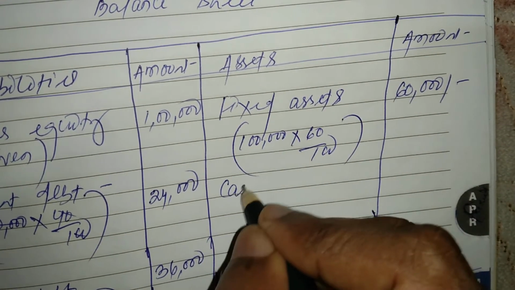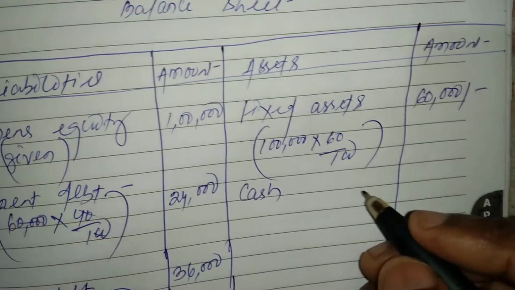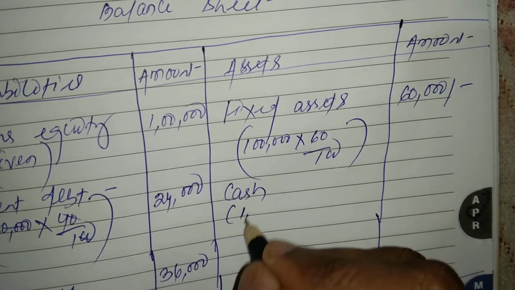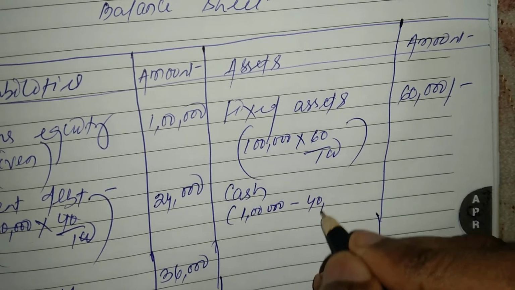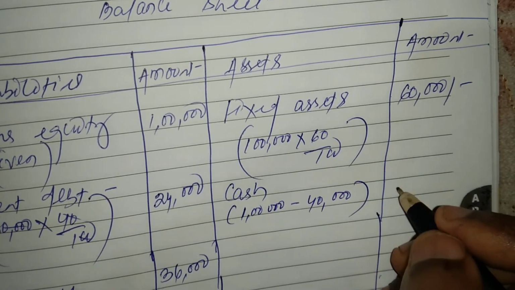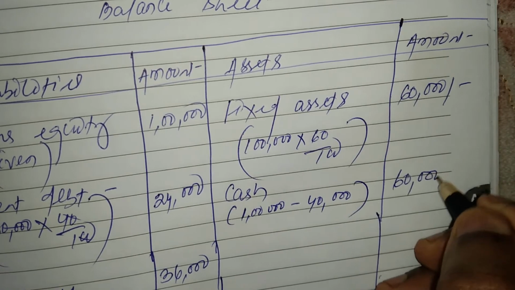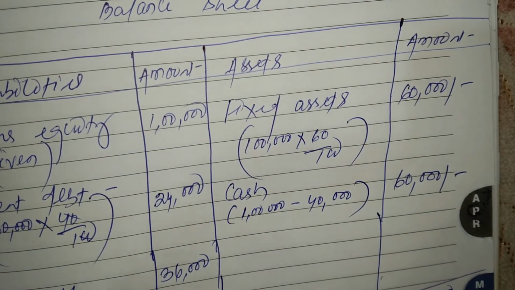Again cash, we have already obtained cash: 1 lakh current asset minus 40,000 inventory, 60,000 cash here.